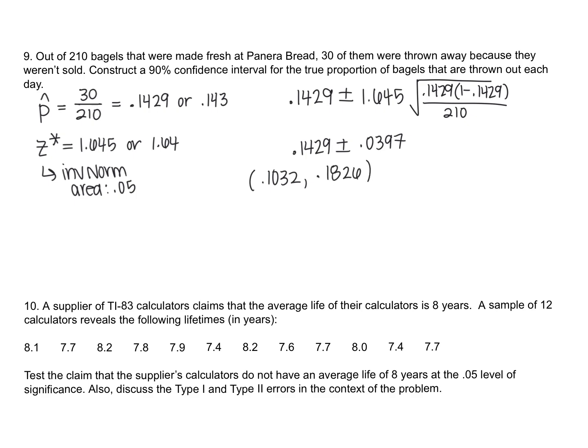Make sure when you're writing your confidence interval, you always put the smaller number first and the bigger number second.